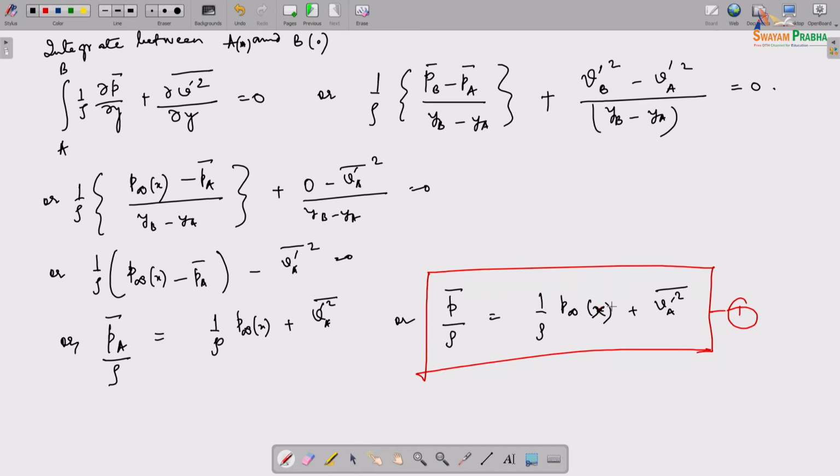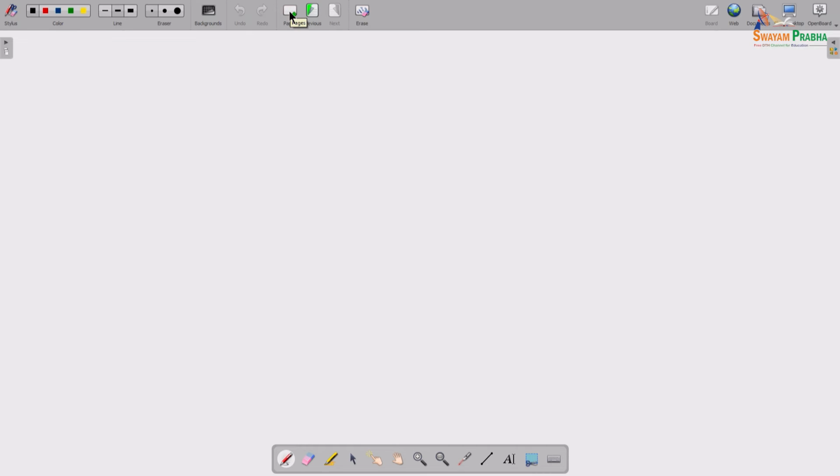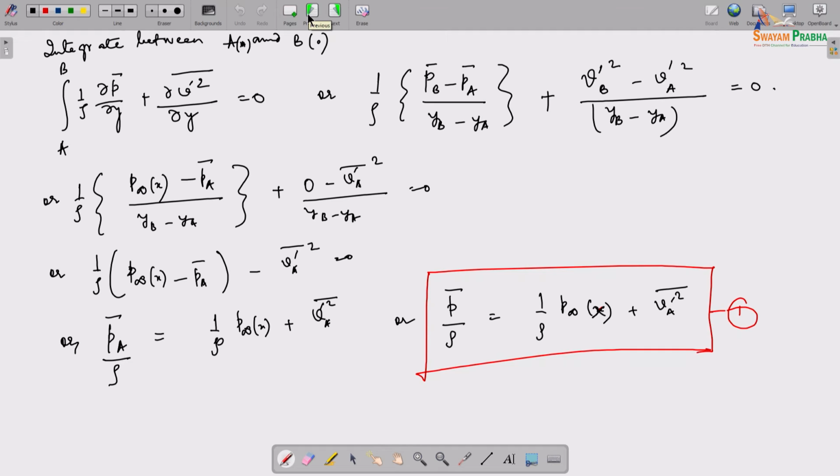So then let's take a derivative. There you go. This is equation 1, and we are going to take a derivative of this.